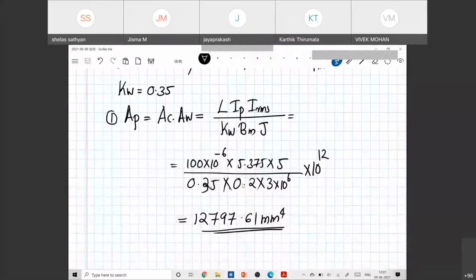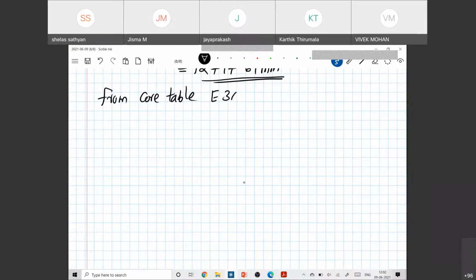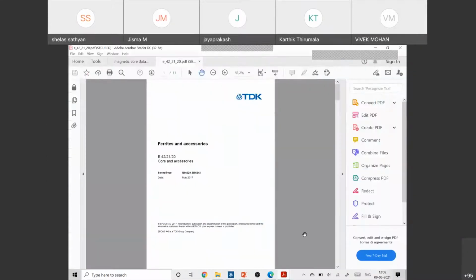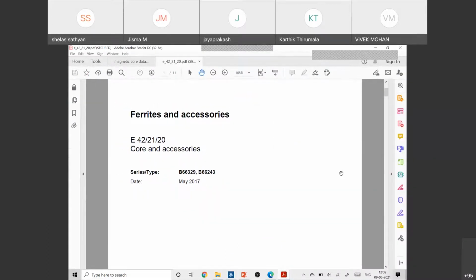So the selected core from the core table is E36/18/11. When it comes to the core terminology, let us take a different core. You can see this core has a different terminology: E42/21/20. Similarly, E36/18/11. Three numbers are given.